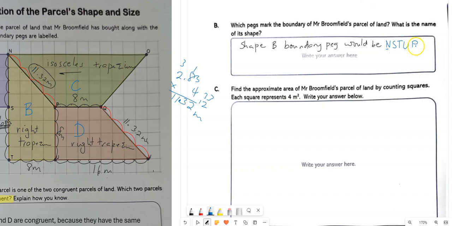But it goes all the way down here. So from N to S to T to U to P, all the way back to N.